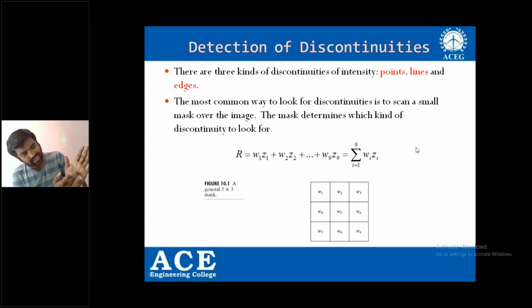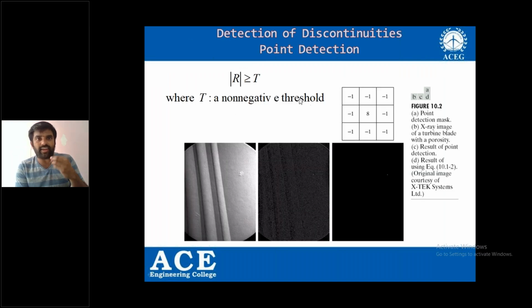And if you observe here, a line can be observed. If you move the mask along this direction, at this point ultimately the R will change. The R is changed by how much amount? We need to keep a threshold. Why? Because here also you cannot find the same R. Therefore, you need to keep a threshold to decide the discontinuity, and that is called T. T is called a non-negative threshold to identify the discontinuity.